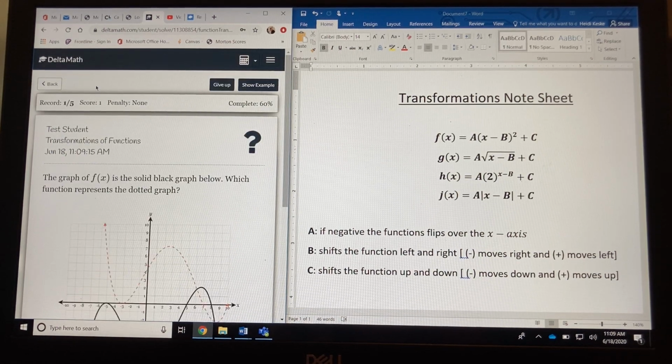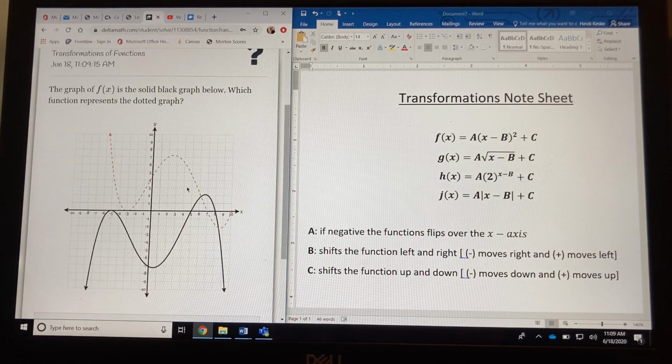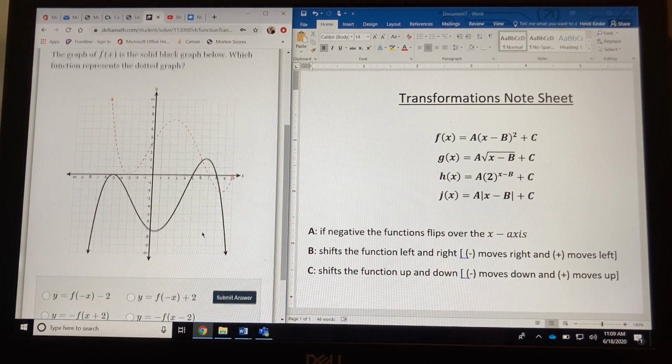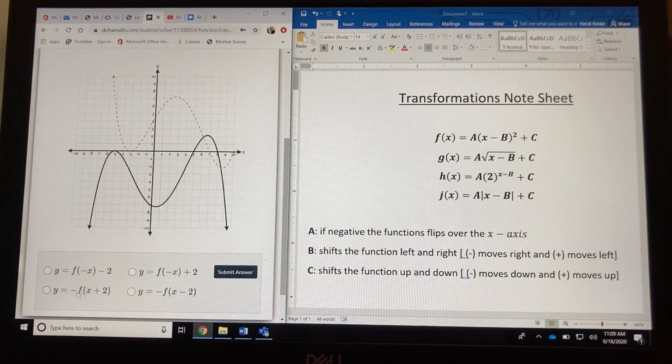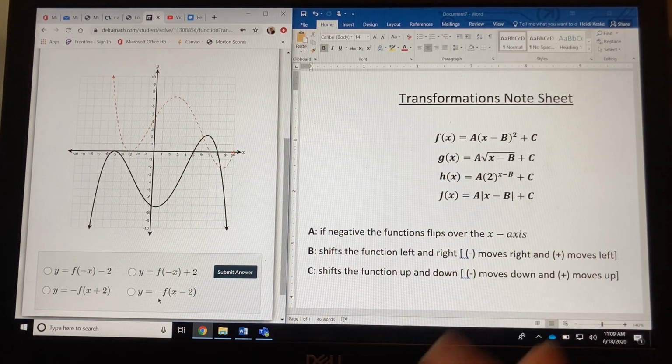So let's look at one more of those. So we're trying to go from the black one to the orange one. So first thing I see here is that it's been reflected over the x-axis. So you need a negative on the outside to have it flip. Now the question is, did it move to the left or to the right?